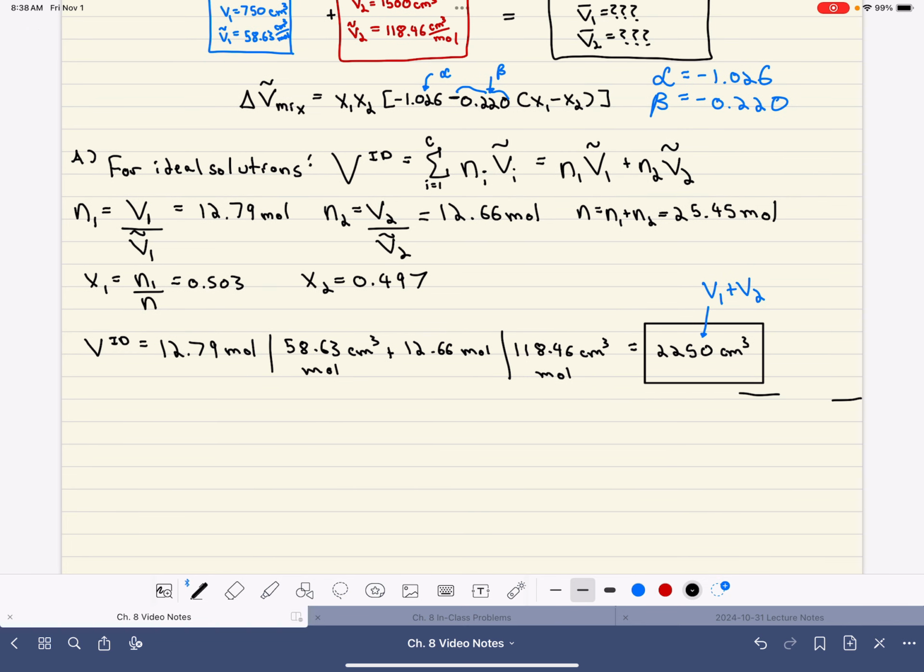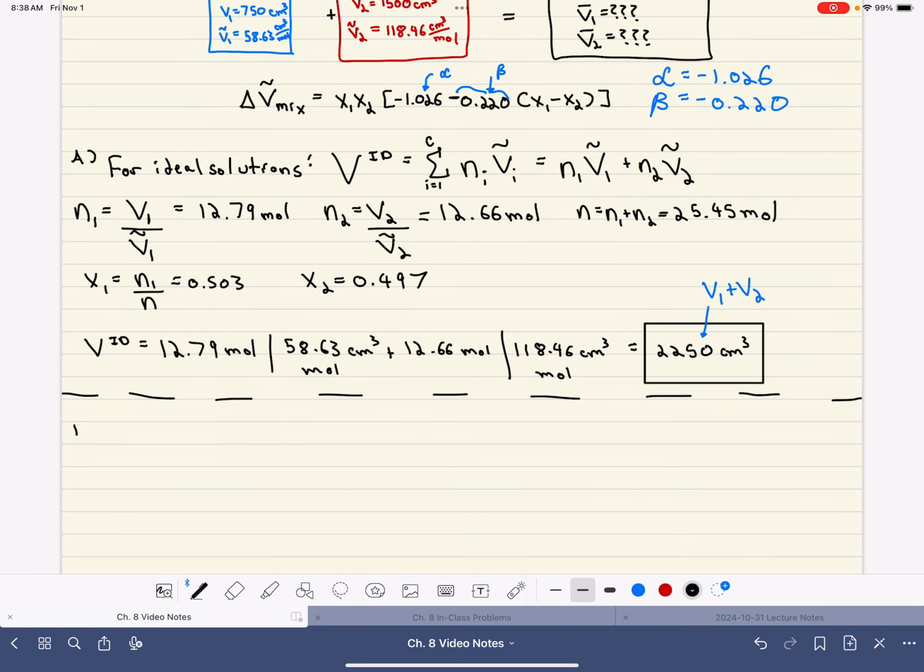But in reality, we know that the actual volume of the mixture is going to be different than that of the ideal solution. And so to calculate the actual volume of the mixture, we're going to take the ideal solution volume and add the contribution from the change in volume upon mixing.